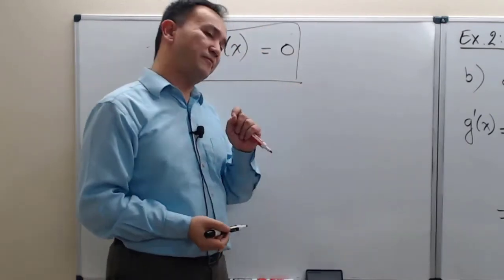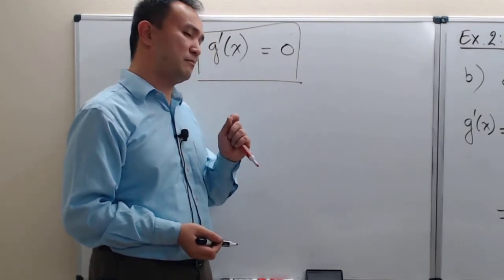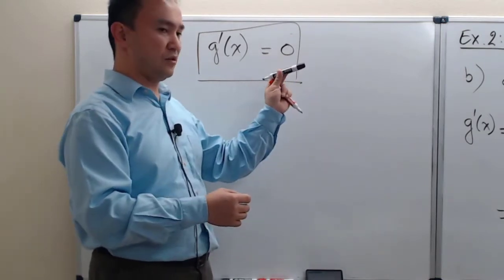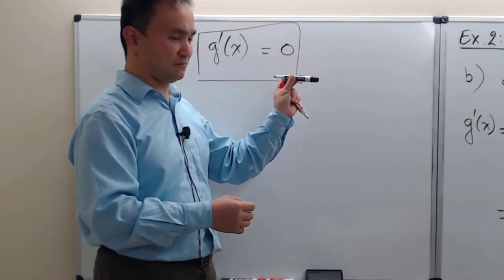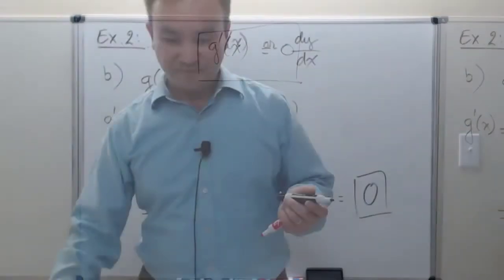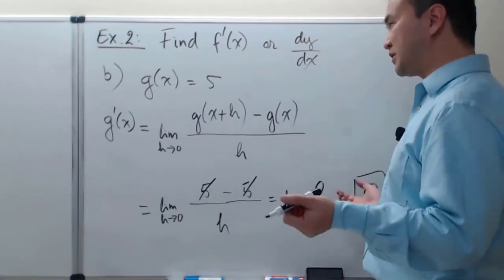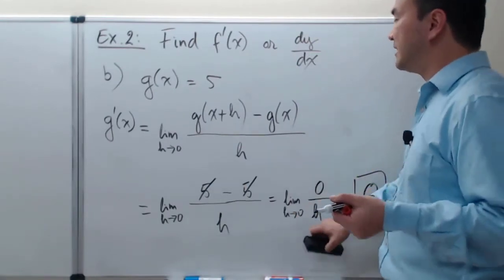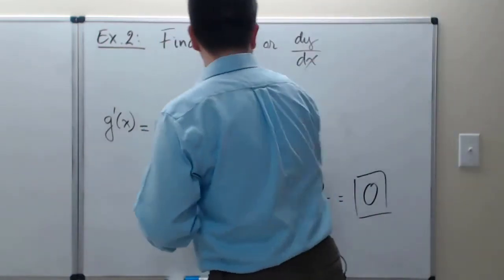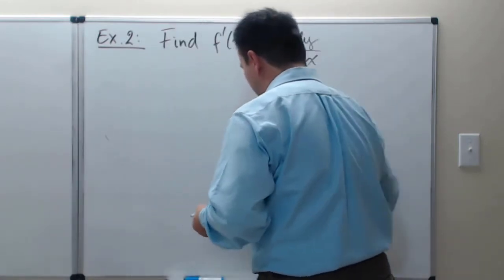I had that demonstration earlier about what it means to have a 0 value. It means your tangent line becomes a horizontal tangent line, and we'll get more detail about that later on. All right, so we've worked through another problem, part B of the same example 2. Let's now look at part C of our example 2.